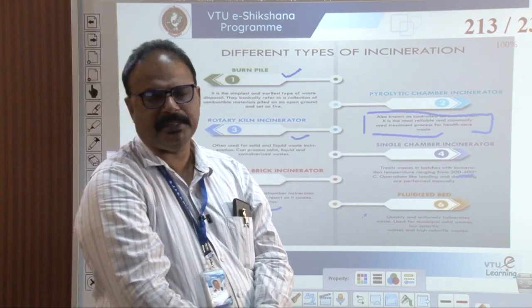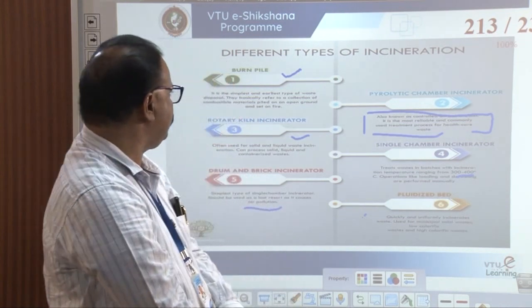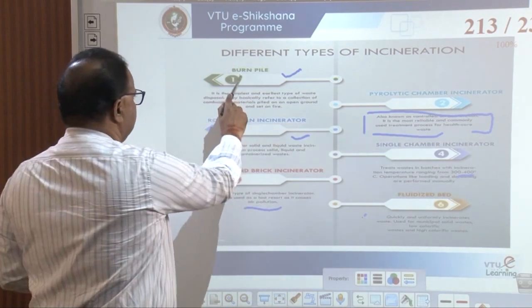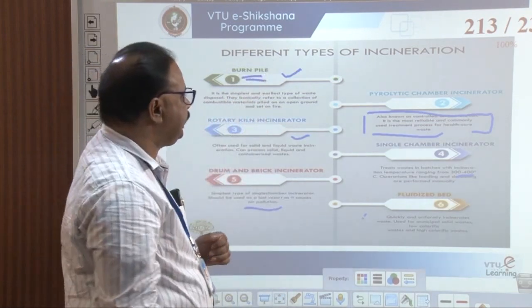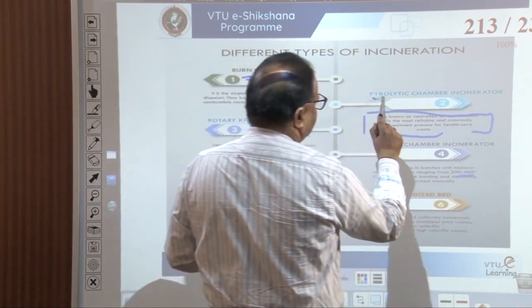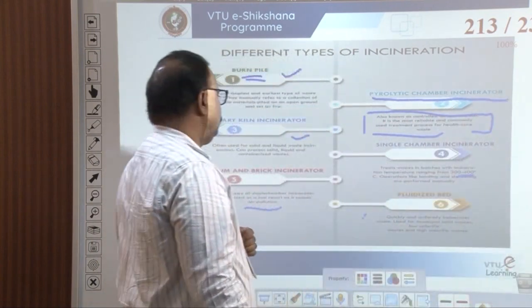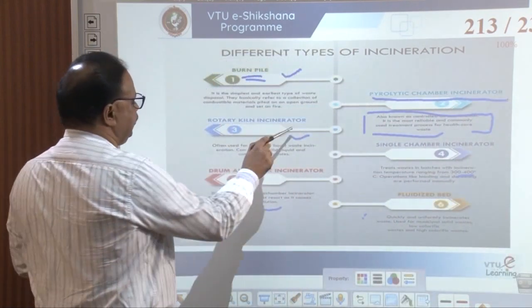This is one of the important different types. First one, burning pile. Second one, pyrolytical chamber incinerator. Third, rotary kiln incinerator.